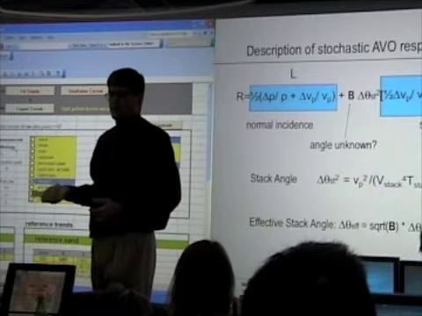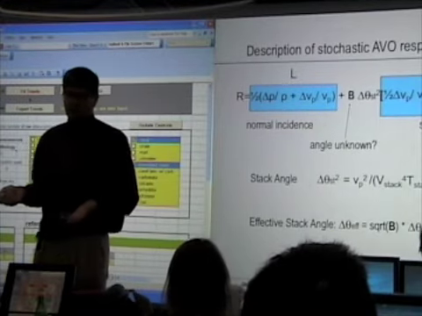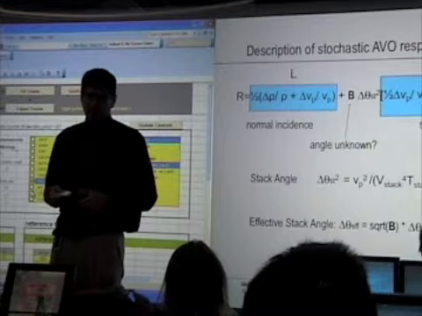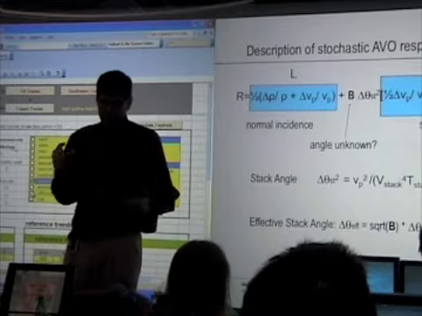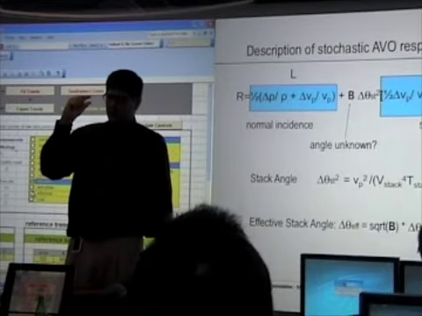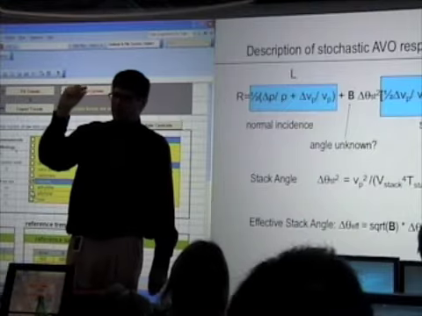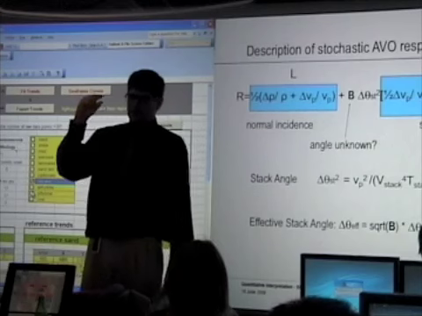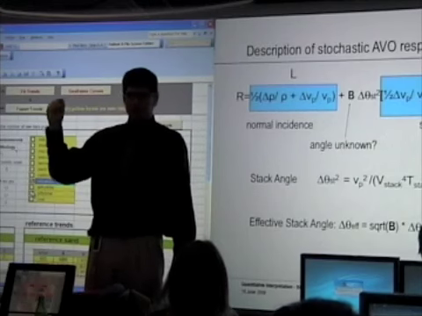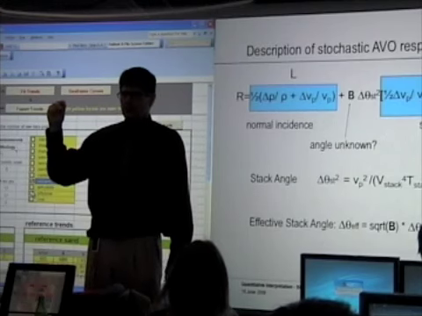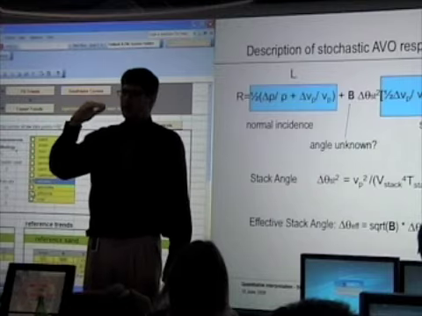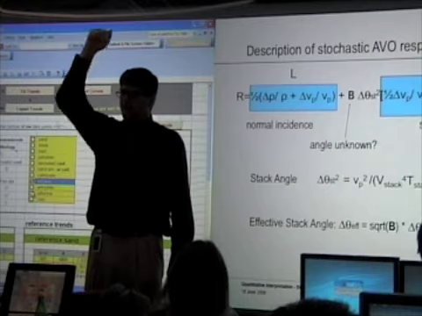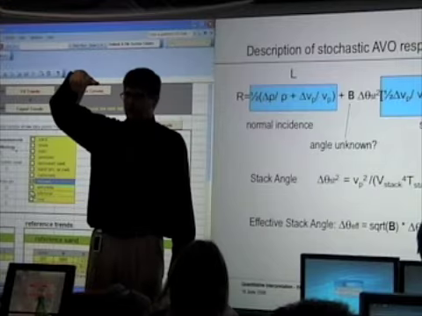If you look at Zoeppritz, there's an asymmetry. And you say, well, what's the difference, okay? Let me tell you, say we had one really, really hard carbonate that was about 1 centimeter thick, okay? And we put that in a really nice soft shale background. If you did a layer by layer reflectivity, you'd find the wave goes into that hard one.